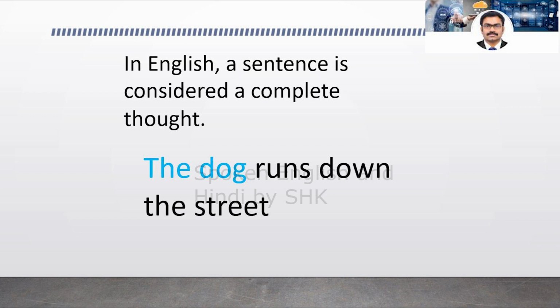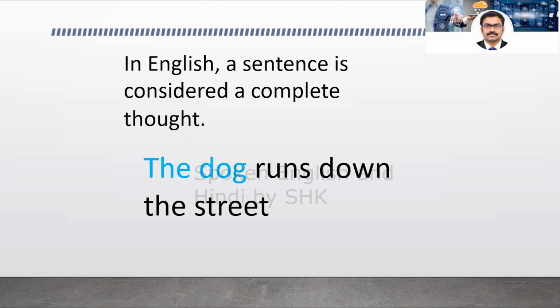Now, if we look at our example sentence, we have the predicate colored here, and you can see that the predicate is broken down into a verb and an object, a verb being runs, and the object being street, or the street. So again, runs down the street is the predicate of our sentence. This is telling us what the dog is doing.